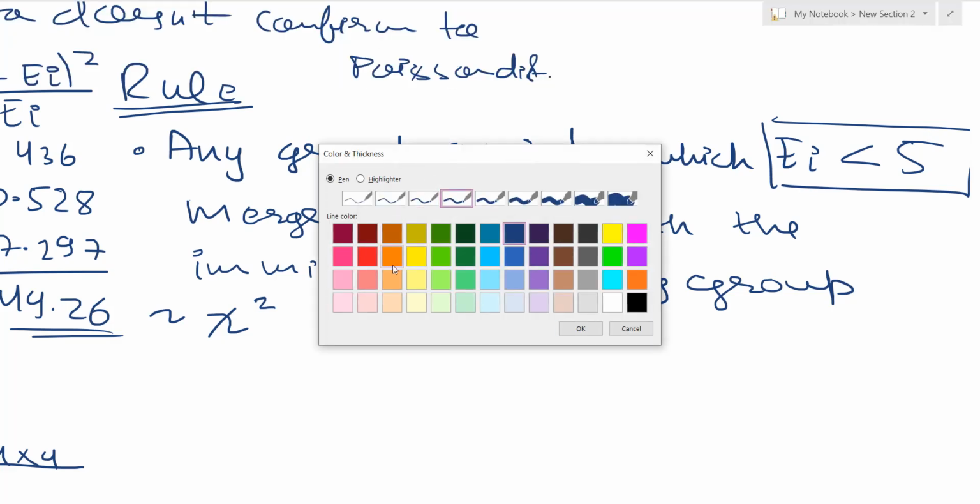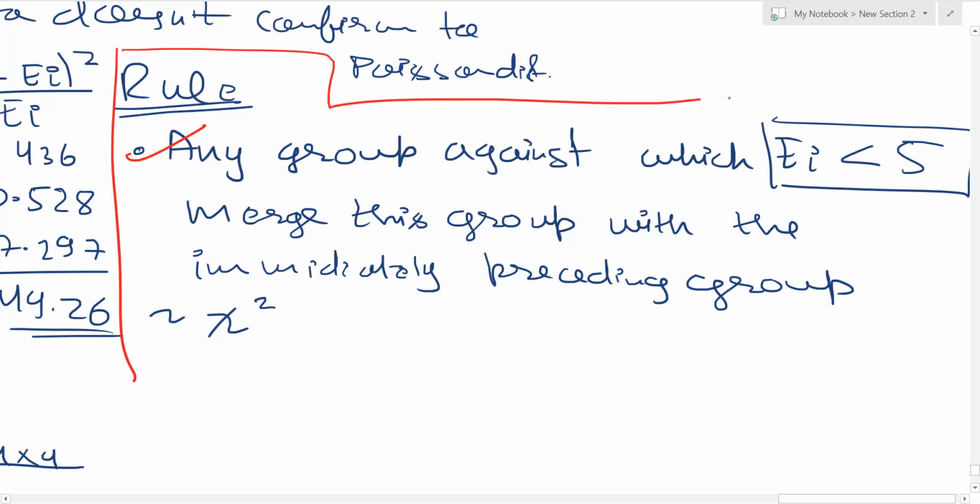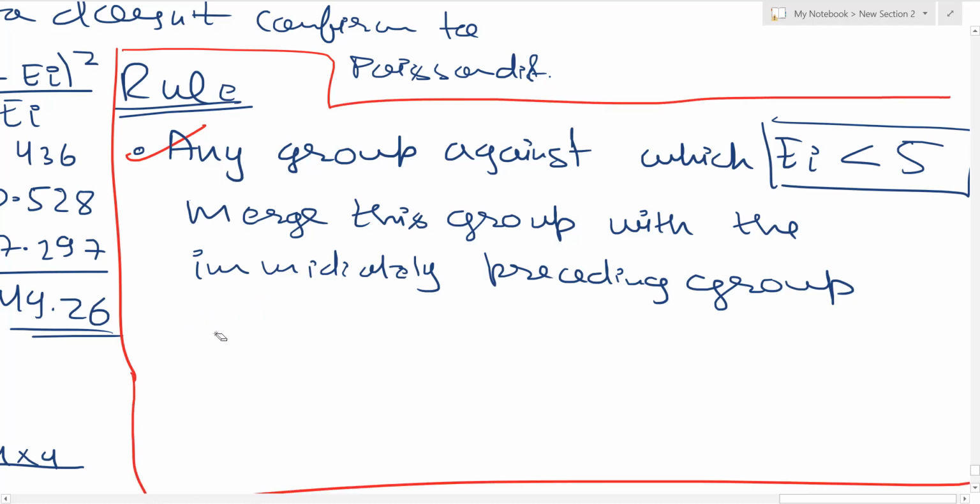I'll put the rules inside a box, and yeah, I'll write them in a different color. Okay, right, so this was rule number 1. These rules I'm putting in a box, right? Now you have to see what the second rule is.